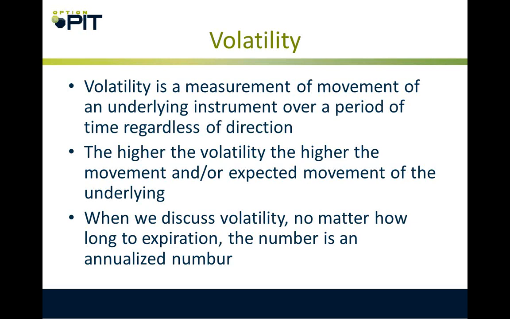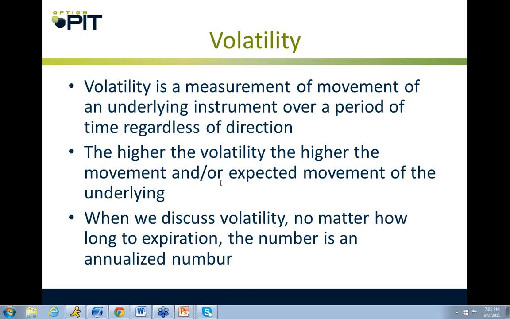The higher the volatility, the higher the movement and/or expected movement of the underlying. When we discuss volatility, no matter how long to expiration, the number is an annualized number. So when I am talking about any type of volatility, that is an annualized number. That is the key.